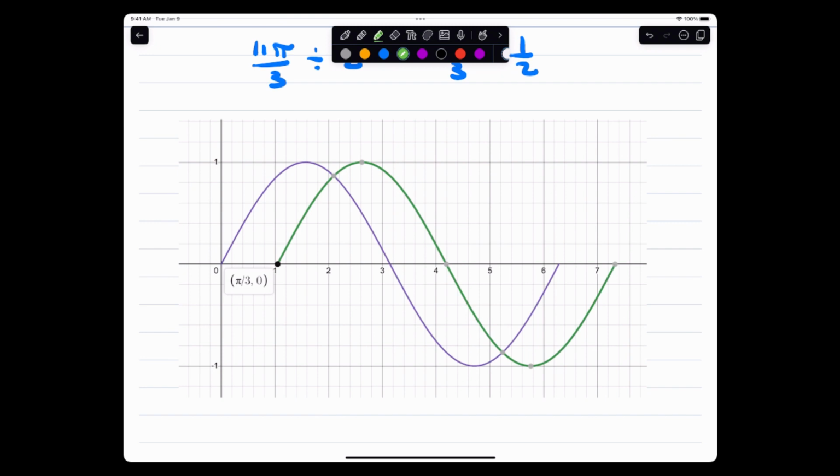Okay, that's exactly what we are talking about, folks. A phase shift, meaning horizontal shift. That's a picture of your pi over 3 phase shift. Easy peasy lemon squeezy.